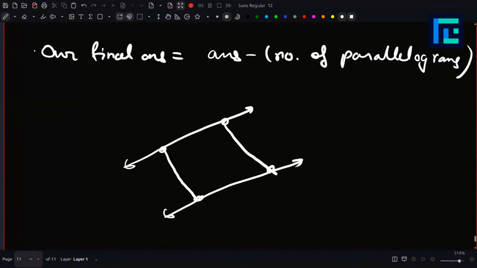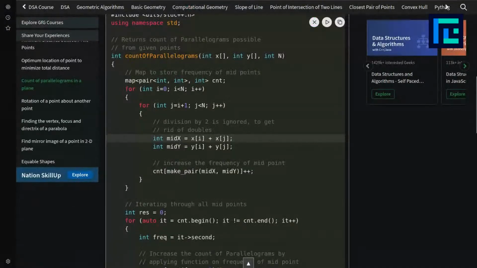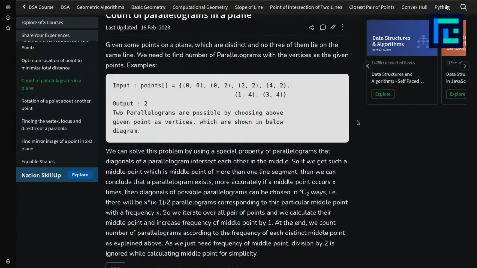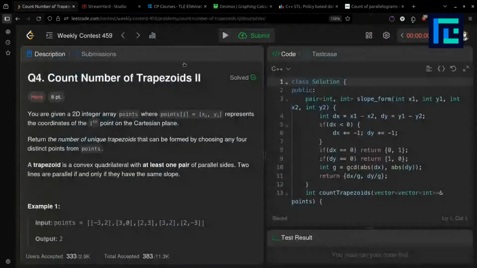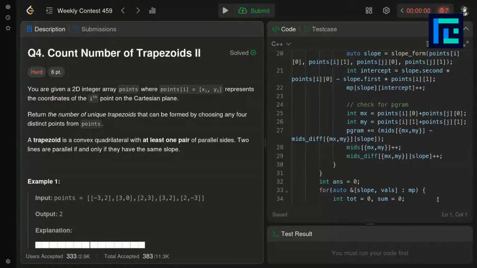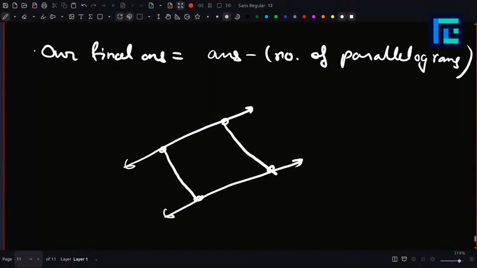So basically, at a given set of points, the logic was that the diagonals of the parallelogram intersect in the middle, right? So what we need to do is find the midpoint, which is basically, let's say this is x1, this is x2 for the given line. So if we take the average, we have this.